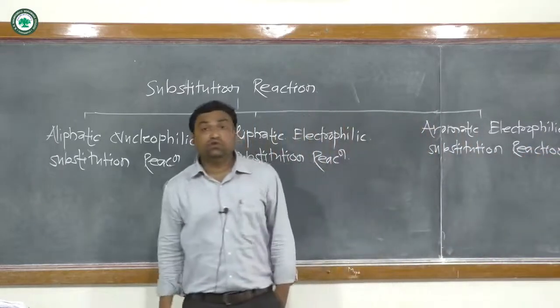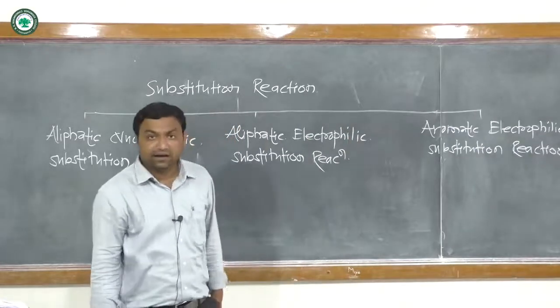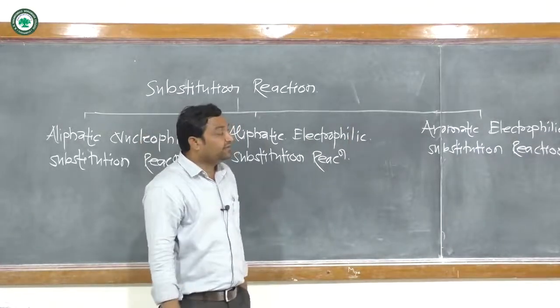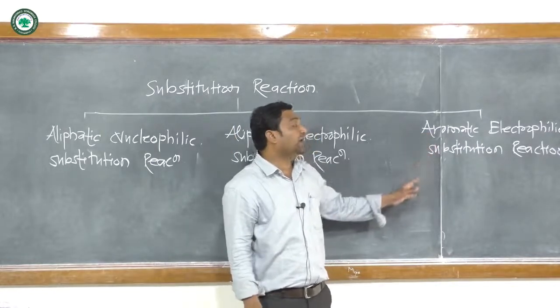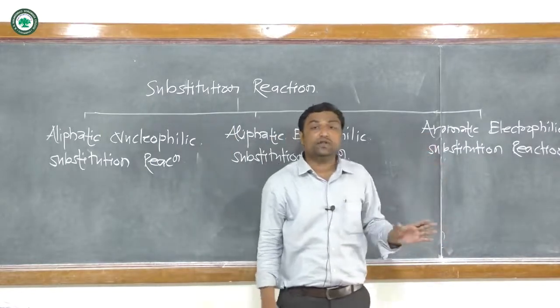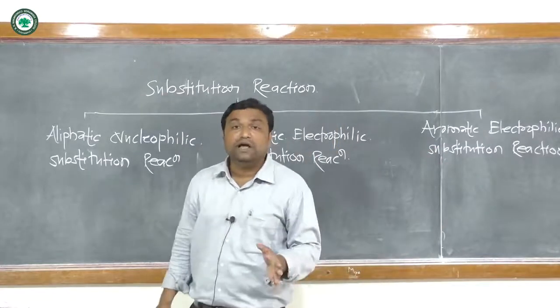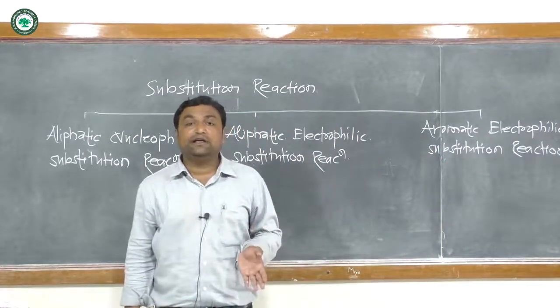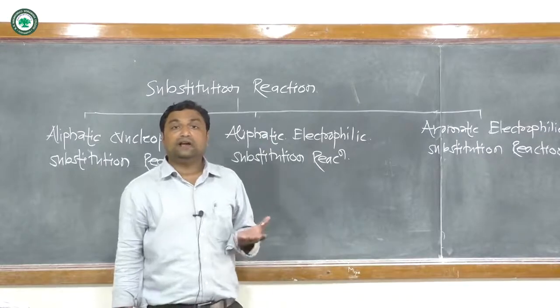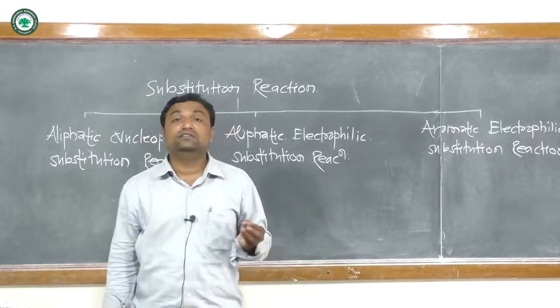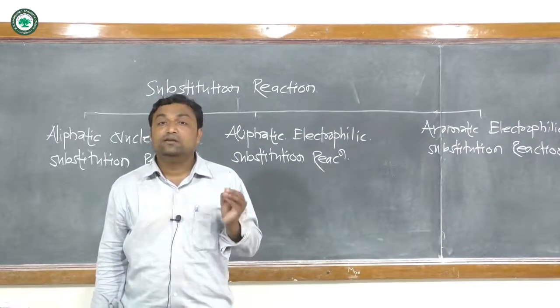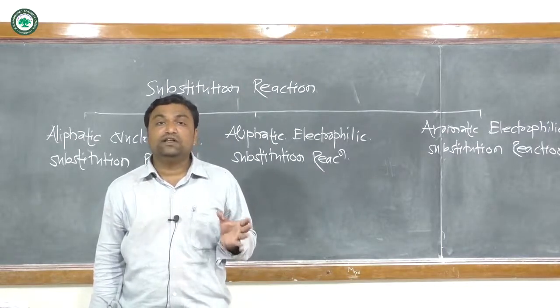Due to the nucleophilic nature of the aromatic ring, aromatic compounds cannot show aromatic nucleophilic substitution reaction, because each aromatic ring has a pi electron cloud, which makes the ring nucleophilic in nature.